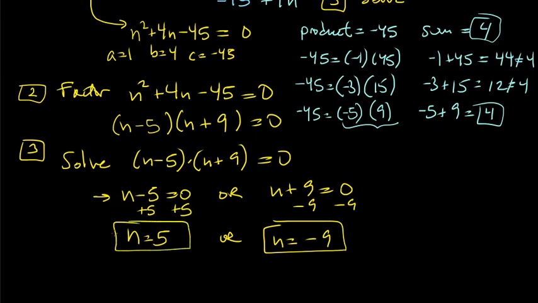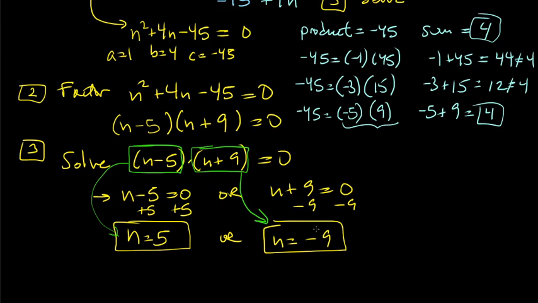Even though we saw this in the last problem, don't get confused with the factors. The factor is n minus 5, but the solution is n is equal to positive 5. Don't get mixed up with the factor n plus 9 and the solution, which is negative 9. In fact, this will always be the case.